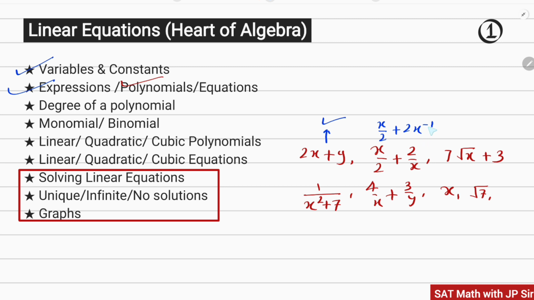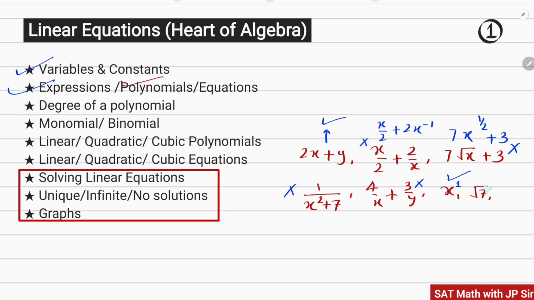Since x has a negative power, it's not a whole number. So it is not a polynomial. It is an expression, all these are expressions, but it's not a polynomial. Similarly, x has power half, because whenever we have root x, it means the power is half. It is also not a polynomial. Similarly, this is not a polynomial. This one is a polynomial, because x has power 1 here and 1 is a whole number.